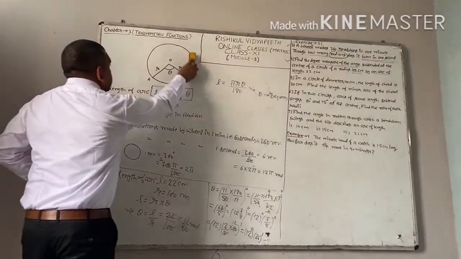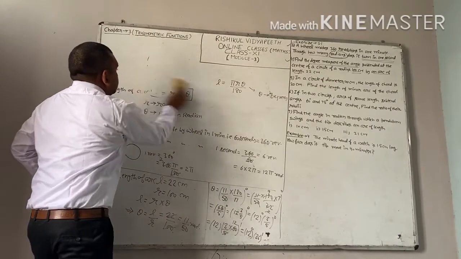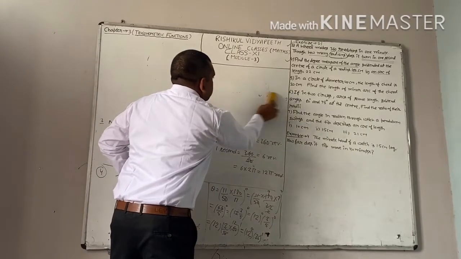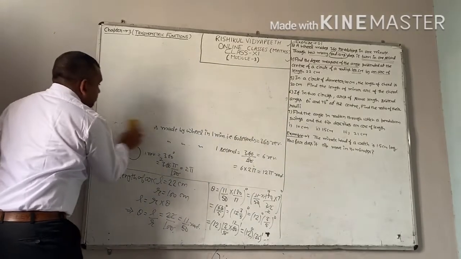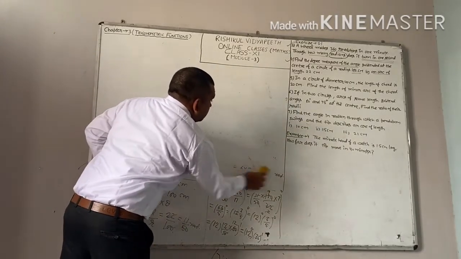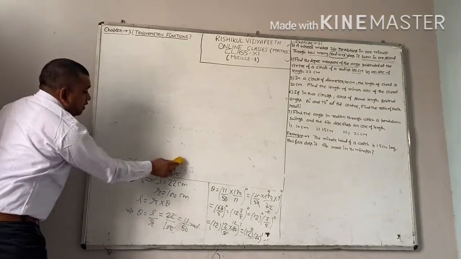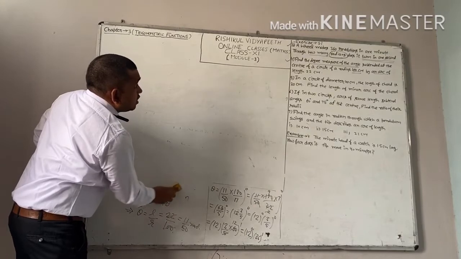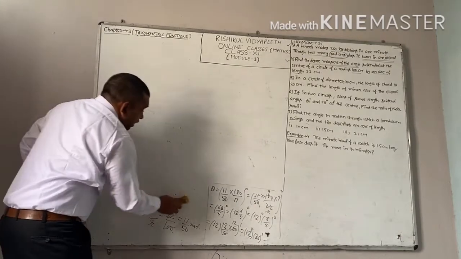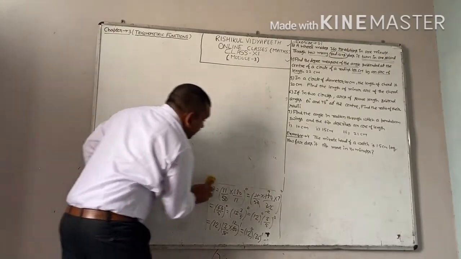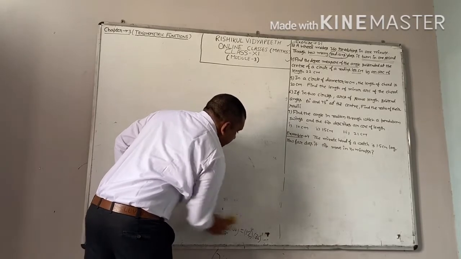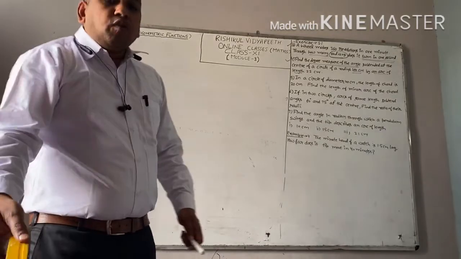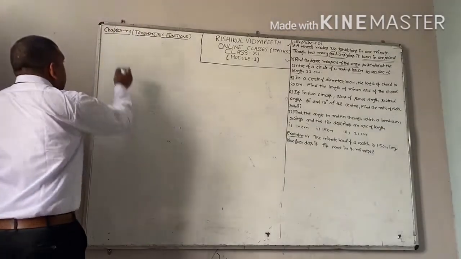See the next question. Question number 5. In question number 5, we have two circles. The diameter of the circle is given to you and the diameter is 40 centimeter.